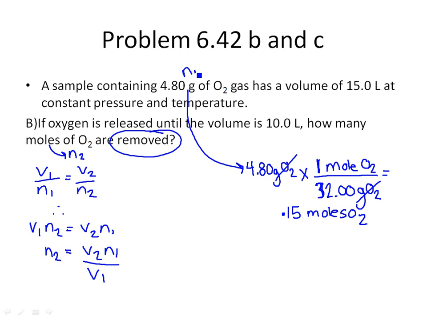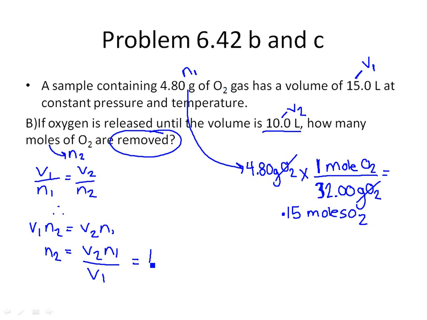And we have our volume, so 15 liters, this is our V1. The 10 liters is after the oxygen's released, so this is our V2. We want to be sure we don't mix up our V2 and V1.